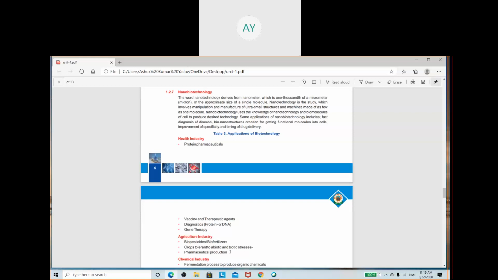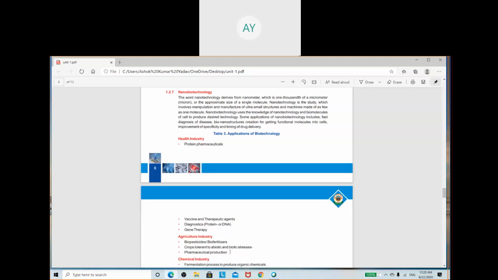Okay, so the concept is just to isolate the gene from any organism, either from the human body, from animals, or from microbes, and transfer it inside the plant just for production of any pharmaceutical compound. So that is the concept.